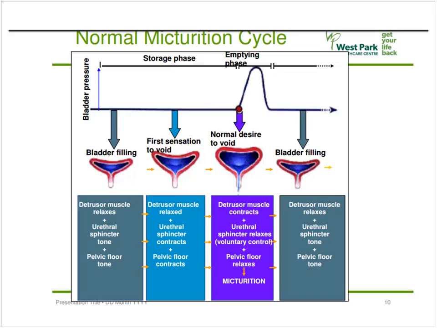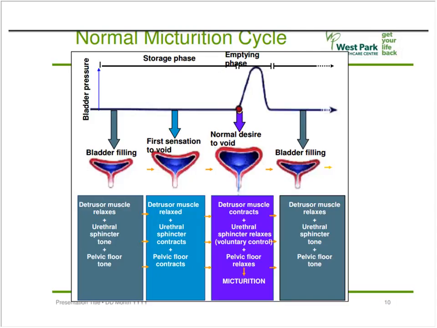So this is a depiction of the normal voiding cycle, and I really like this because the whole education piece can be captured in this diagram. So our bladders are a muscle, and there are essentially 2 phases to micturition: the storage phase, which is the longer phase, and an emptying phase. During bladder filling, your bladder muscles should be relaxed.